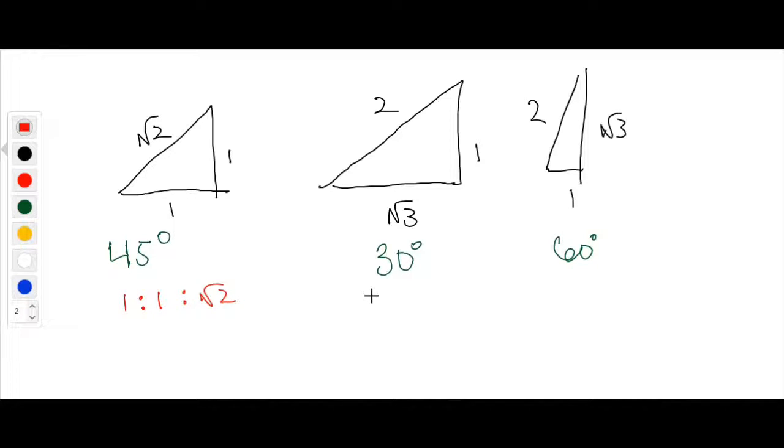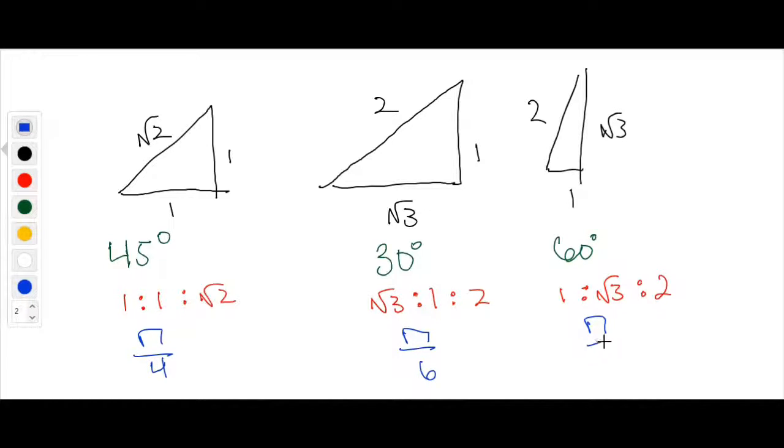And the Pythagorean theorem actually works for this. Now, if we're looking at this in radians, this would be pi over 4. This would be pi over 6. This would be pi over 3.